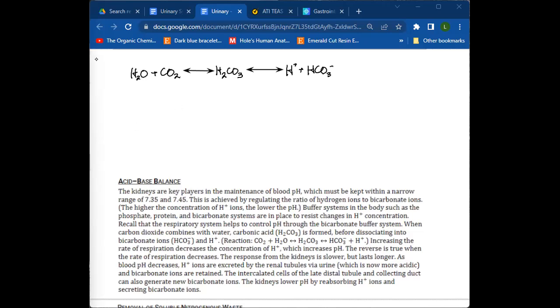And then let me also relabel, let me move it down actually a tiny bit. This is carbonic acid. And this is bicarbonate.